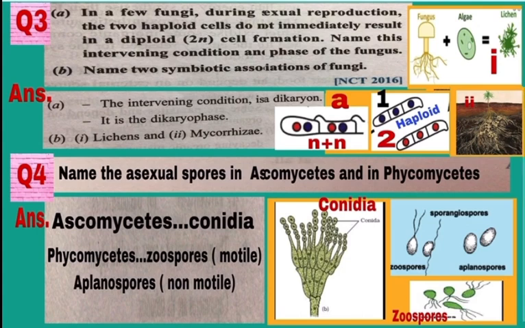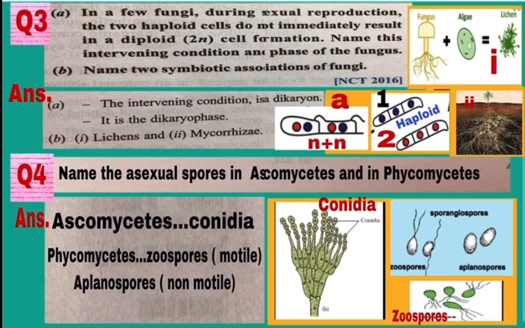Diagram में देखिए A diagram. There is a cell having 2 nuclei and it is N plus N stage and it is called as dikaryon stage and the phase is called as dikaryophase. Now B part of the question. Name 2 symbiotic association of the fungi.